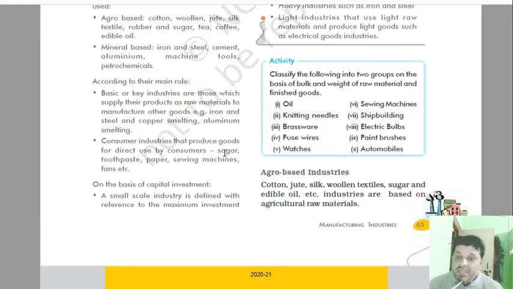Basic or key industries supply raw material for the manufacture of other goods, like iron and steel. Iron and steel industry is a basic industry because various other industries will need machines. So how can the machines be manufactured? If the iron and steel industry is not in existence in advance in any country, how may machines be manufactured for others, like sugar industry and cotton textile industry, which need machines? From where will all these machines come?